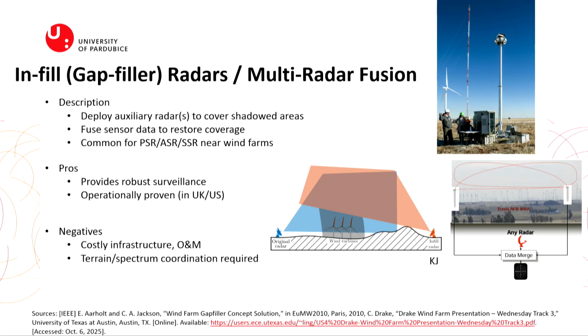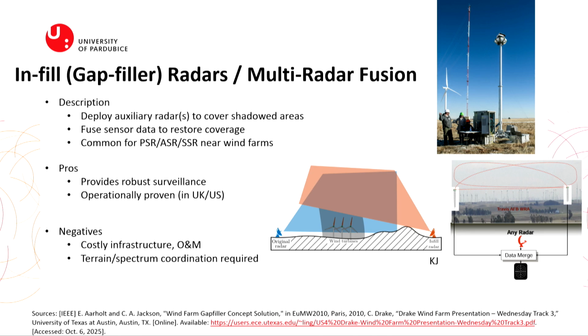Then we have infill radar or gap filler. It means that there are wind turbines, there is the original radar, and you can see this is the area and this is the problematic space. If you don't see there, then you put another radar, an infill, that will cover this space from another angle and send information to the original radar or to ATC or something like this.